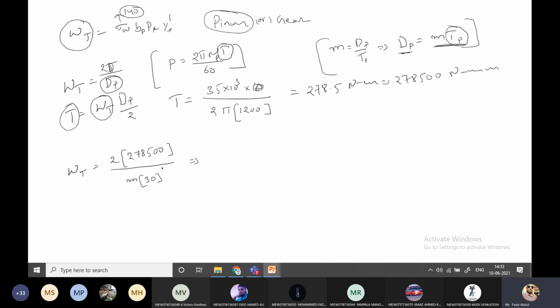Now tell me the WT value acting on the teeth, how much? The answer should be in terms of module because we don't know the module.